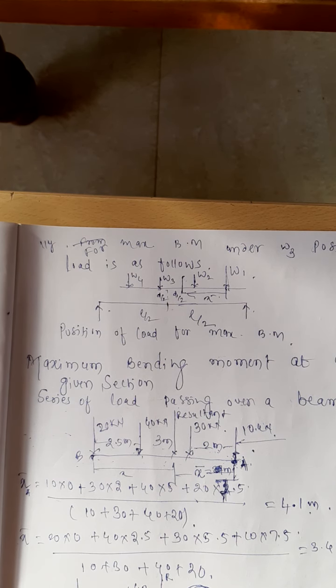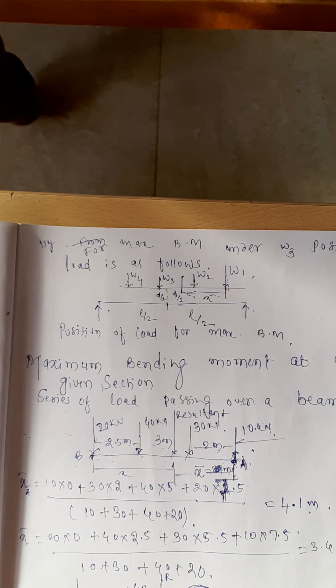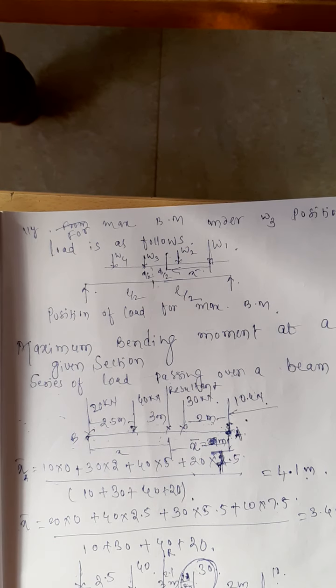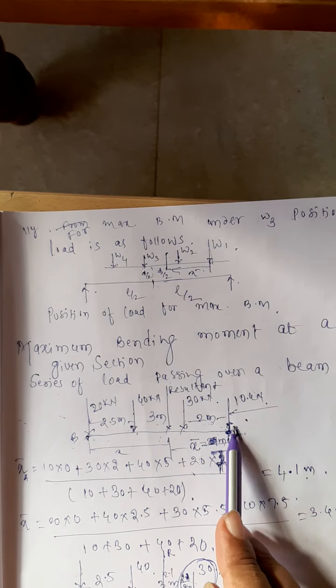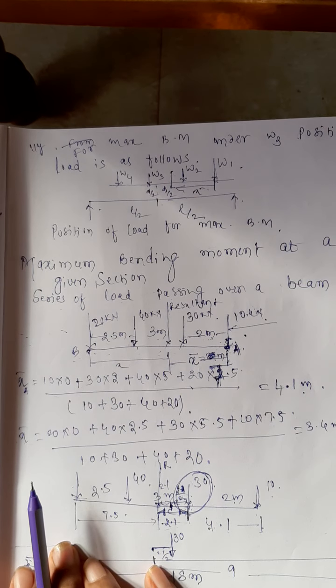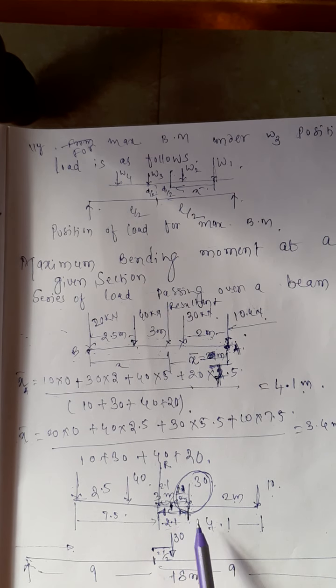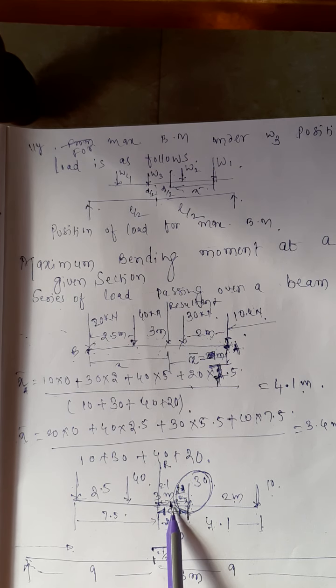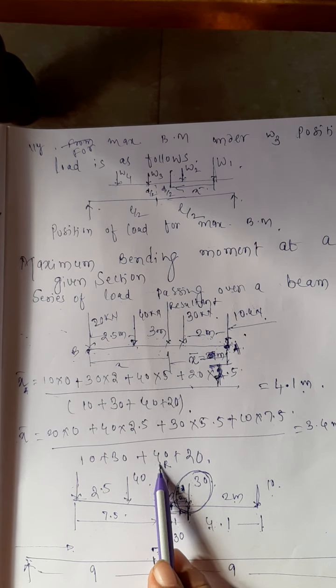First the 30 kilonewton is coming. Where is the next load? From here it is 30. What I told you: first you calculate the position of the resultant.